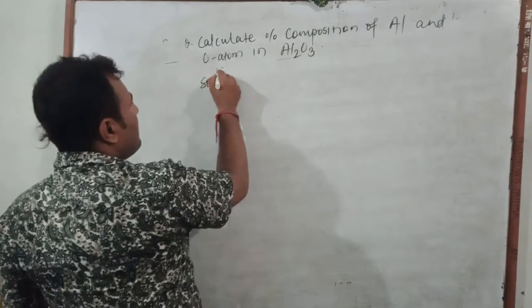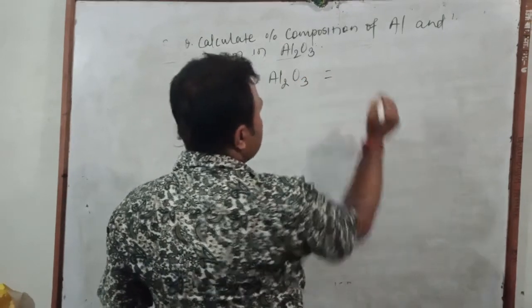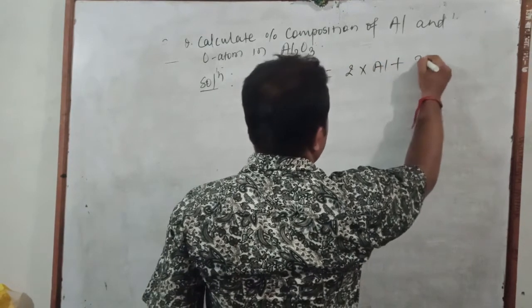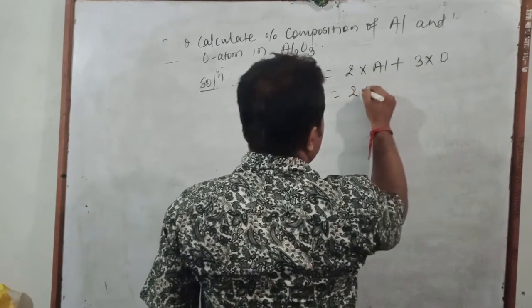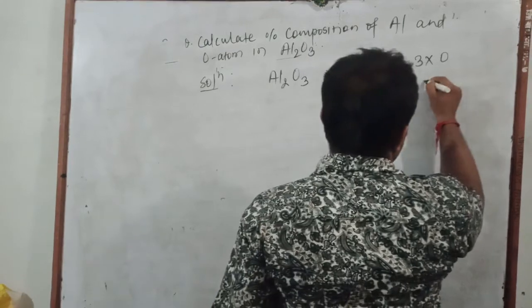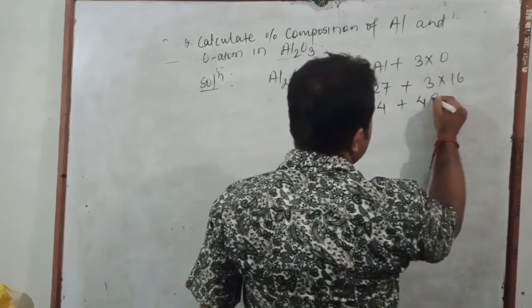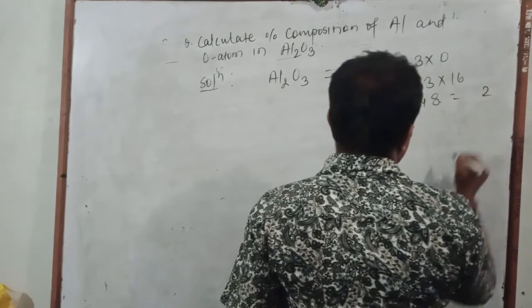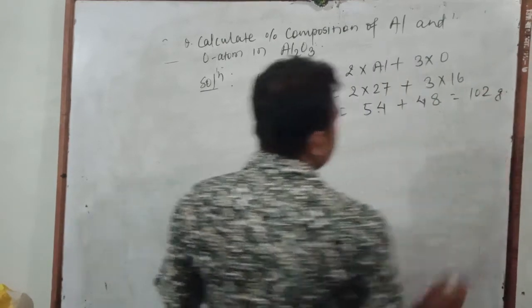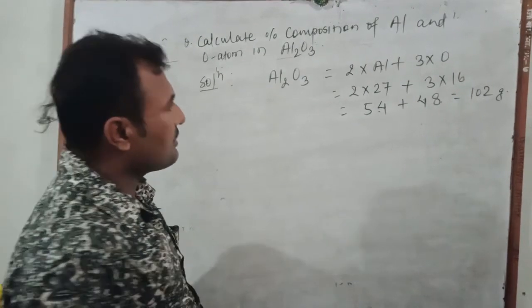The given compound is aluminum oxide, and first we calculate its mass: 2 into aluminum plus 3 into oxygen, 2 into 27 plus 3 into 16. When we solve, 54 plus 48 equals 102 gram. 102 gram is the molecular mass of aluminum oxide.